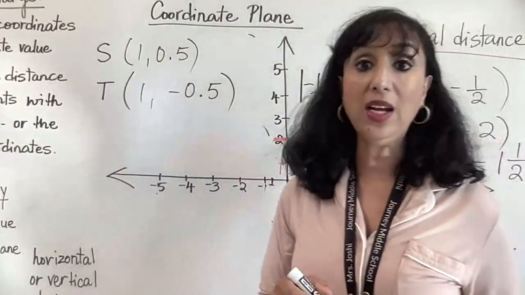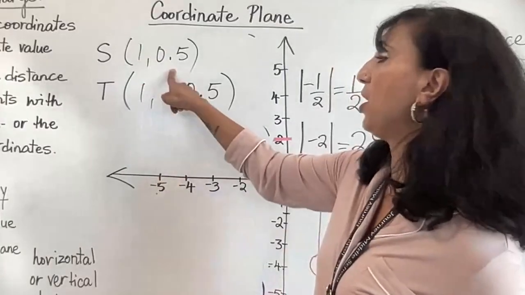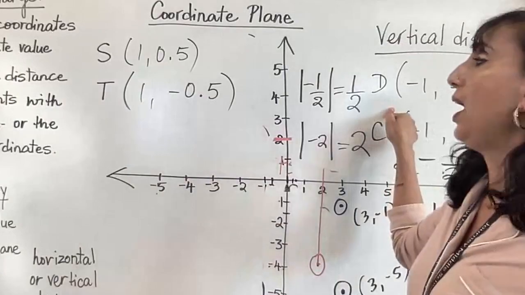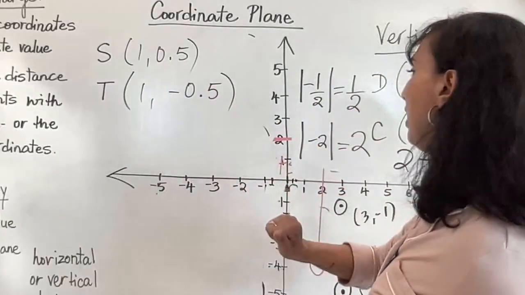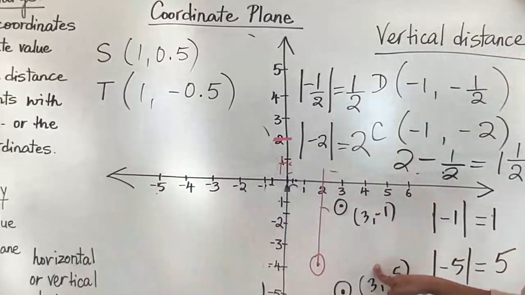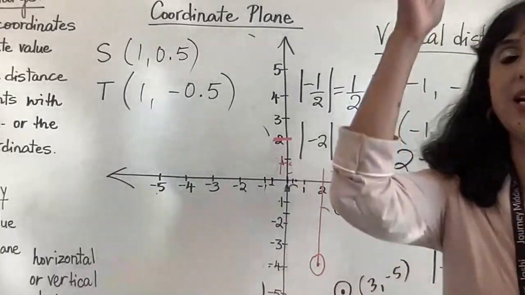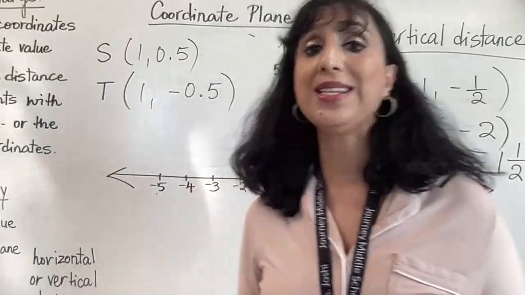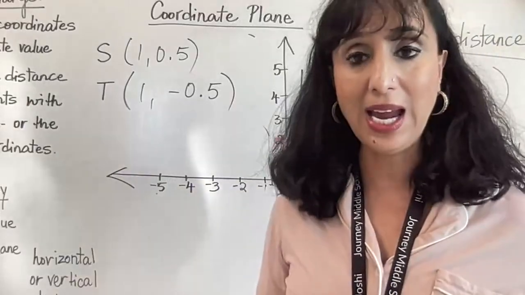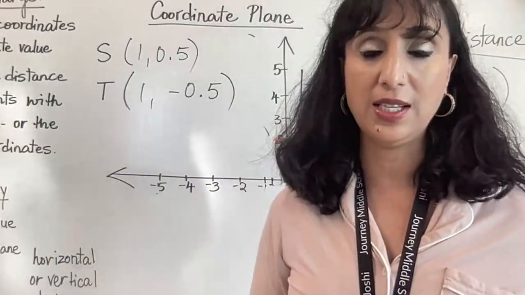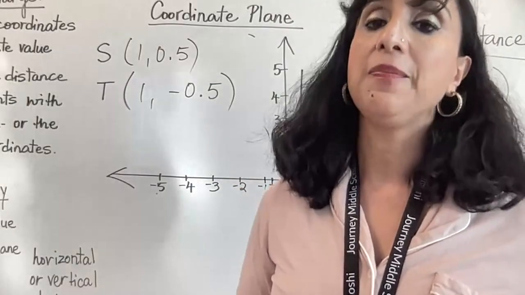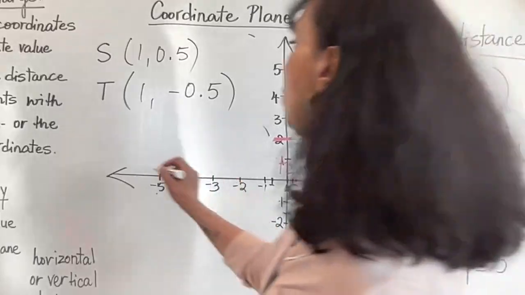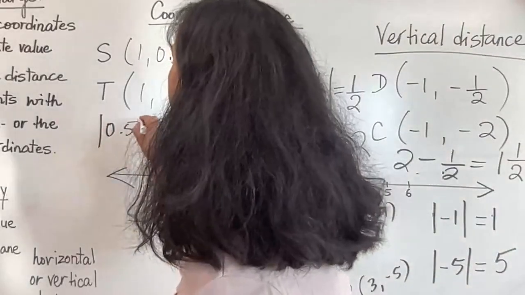Looking at this, positive, positive, I know is going to be in quadrant 1. And then I have positive, negative, so that's going to be in quadrant 4. So I can already see that it is in 2 different quadrants. Since my x values are the same, it's a vertical distance, and I'm just going to find the absolute values of the y coordinate. What is the absolute value of 5/10?